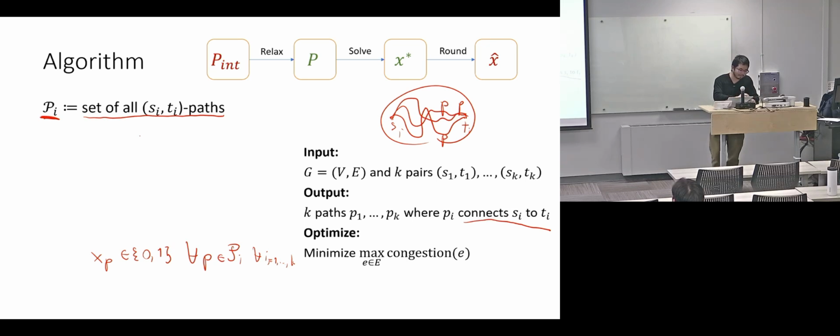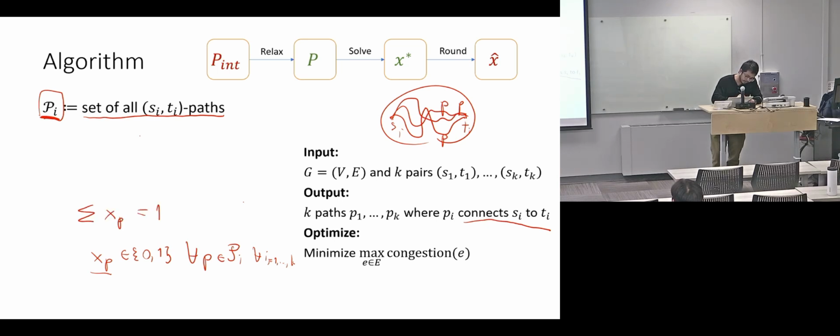All these are in the set PI. And XP says whether I choose this path or not. It's a variable saying whether I choose this whole path to connect SI to TI. So I guess the constraint would be that the sum of all XP is equal to 1, because you're only picking one path.